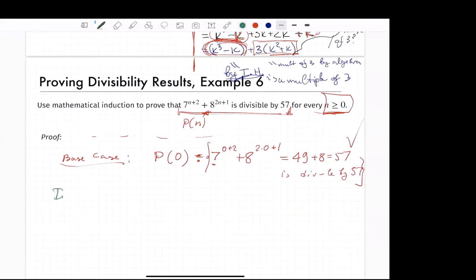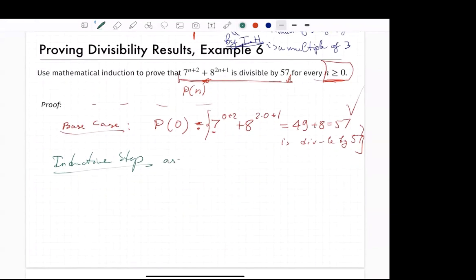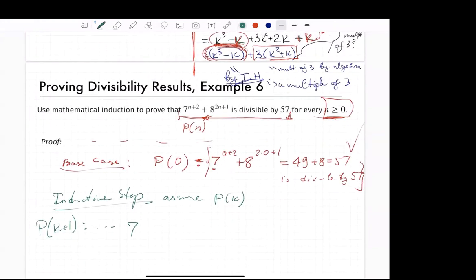Inductive step. In the inductive step, assume P of k. So let's write down P of k plus 1. This is what I want to get. This is going to be 7 to the power of k plus 1 plus 2, plugging in k plus 1 for n here, plus 8 to the 2 times k plus 1 plus 1.